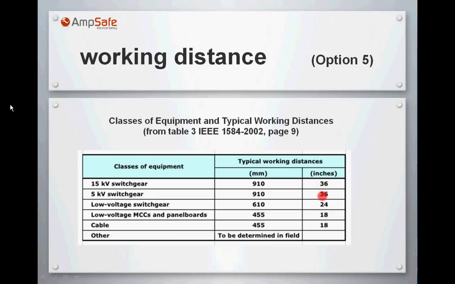But with low voltage equipment, you're much closer because they're thinner. They're not as deep. So for low voltage switchgear, where the type is switchgear and the voltage is low voltage, you have 24 inches for working distance according to the IEEE, page 9.